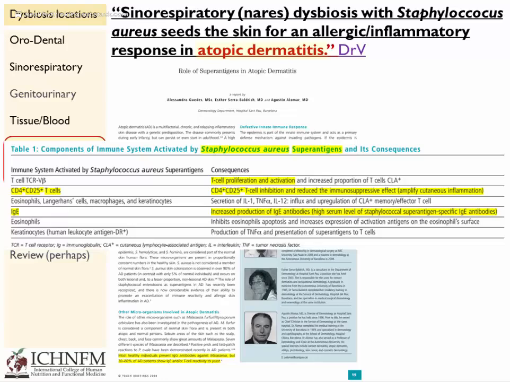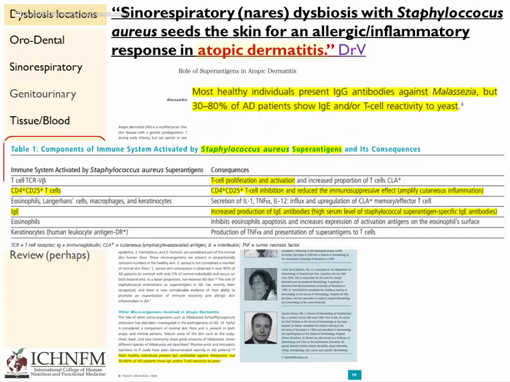So again, I describe this as a bacterial allergy in these patients, and that bacterial allergy is directed against Staphylococcus aureus. 30 to 80% of atopic dermatitis patients also show IgE or T-cell reactivity to yeast. Obviously, using the dilute bleach baths that we've covered now several times would be effective against the yeast as well.